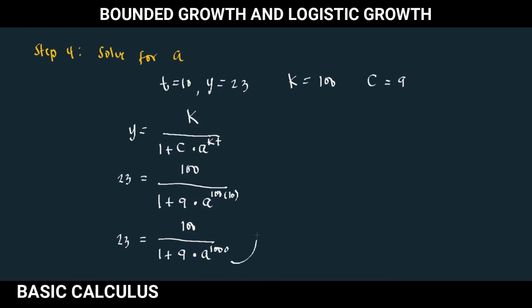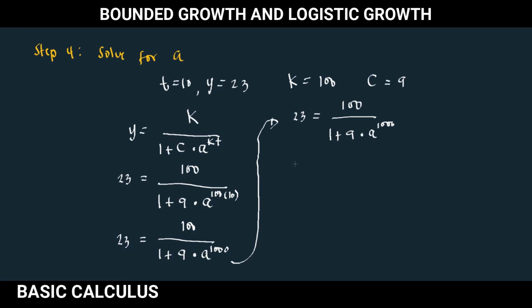So since we don't have space now, let's continue this one right here. Let's copy that first. So we have 23 is equal to 100 over 1 plus 9 times A raised to 1000. Okay, and then let's cross multiply this one.